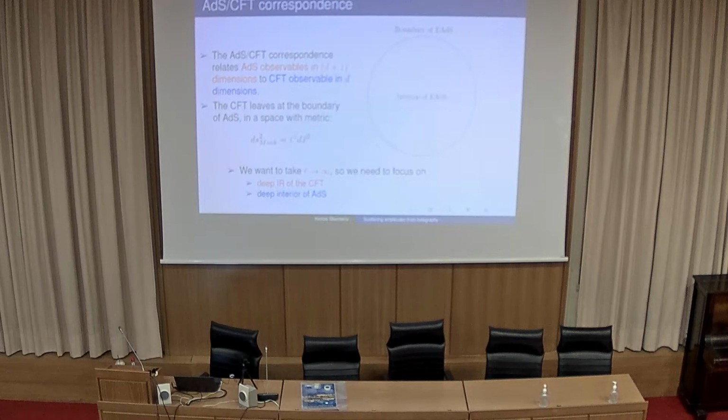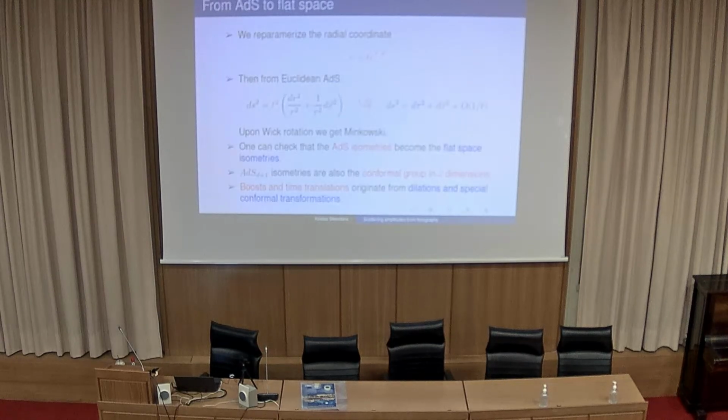CFT is on the sphere, right? The CFT is not on the sphere, it's on flat space. Only if you take the limit. Before it's on the sphere. AdS has a conformal boundary, and then I can choose the flat metric on the conformal boundary and work with the flat metric.